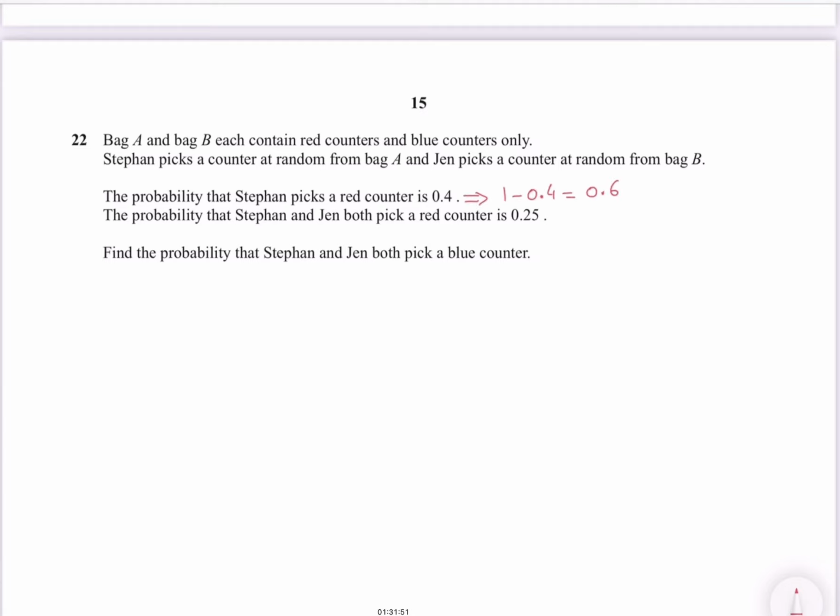So the probability that Stephen picks a red counter is 0.4. If I subtract it from 1, I can say that 0.6 is the probability where Stephen does not pick a red counter. So red by Stephen into red by Jen is given 0.25. So red by Stephen is 0.4 and red by Jen we have to find out, and that is equal to 0.25.